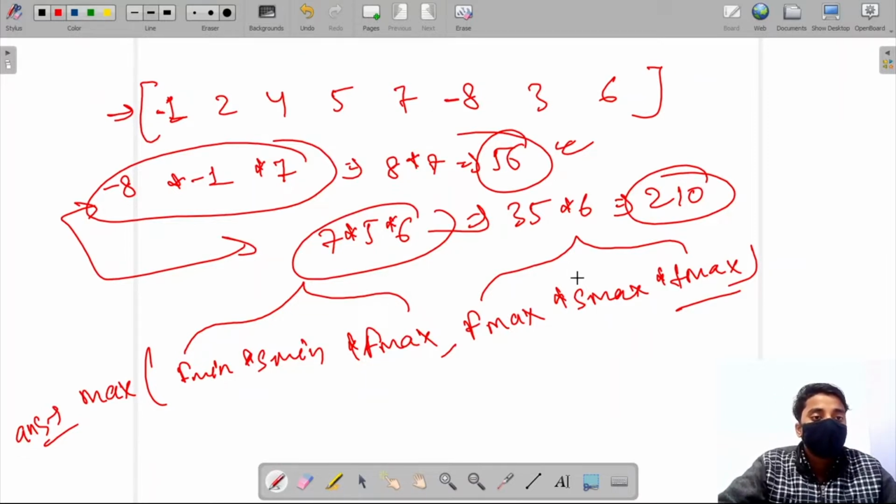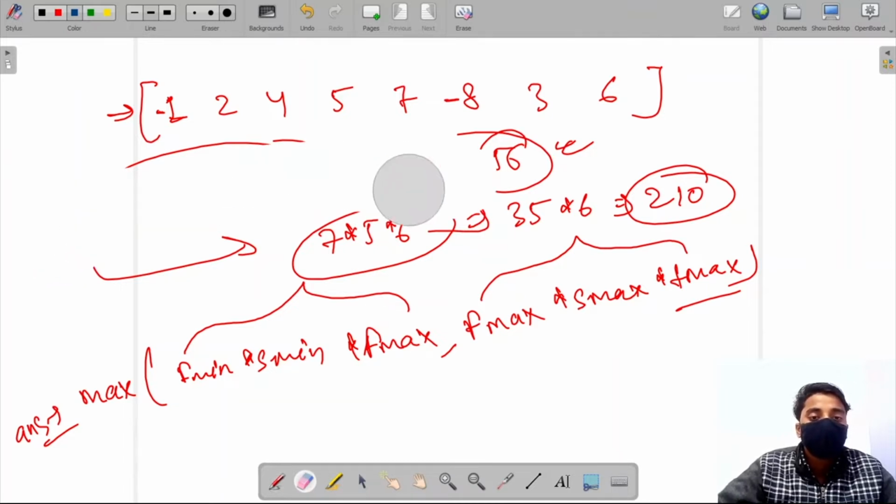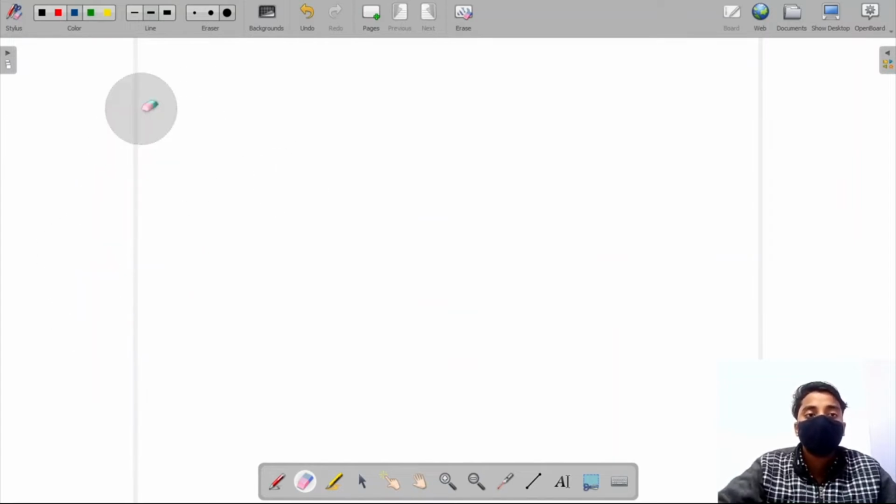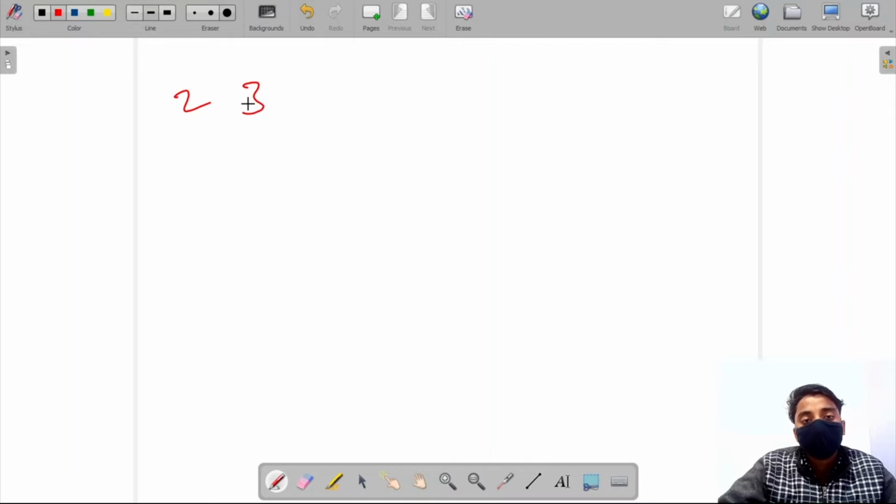Now let's take an example and see how we will convert this approach into code. Let's take another array. The elements are 2, 3, -1, 5, 4, 9, 8.